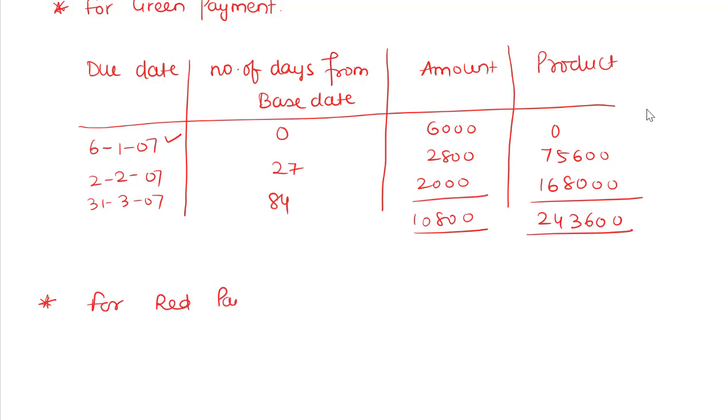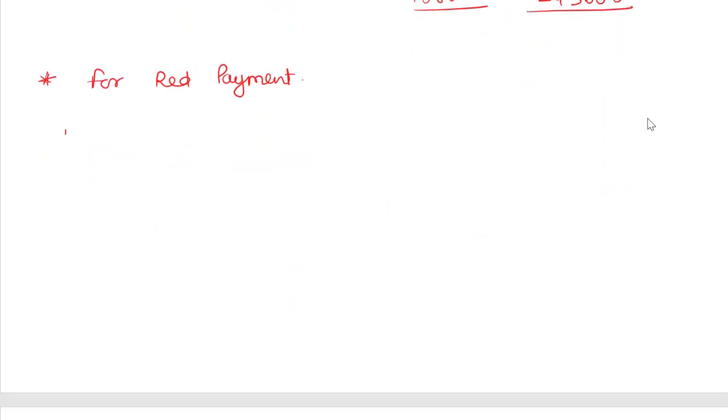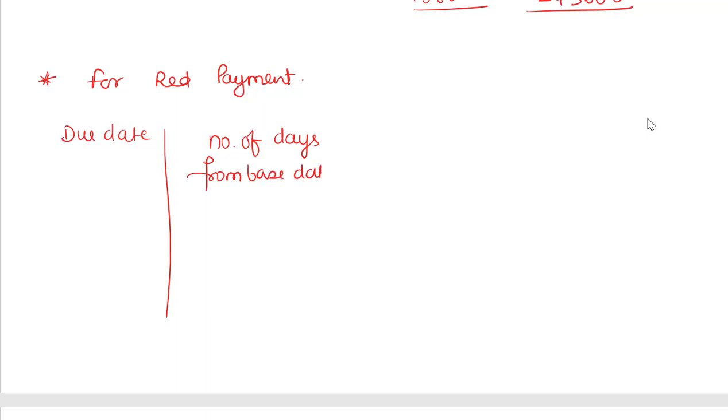Next, for Red payment, we need to make these 4 columns again: due date, number of days from base date, amount, product.